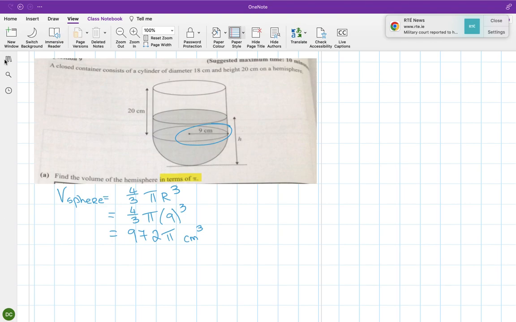So that is the volume of the sphere, because there is no technical formula for the volume of a hemisphere, so we do need to remember to divide by 2. So 486 pi centimeters cubed is my final answer for the first part.